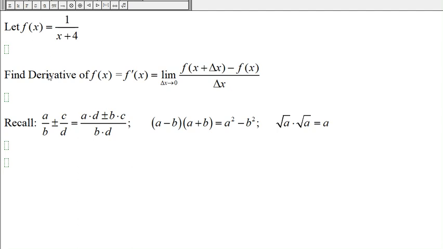And also we have the square root of a times the square root of a, then it's a. And now to get the derivative for this function right here, first let's find f of x plus delta x.